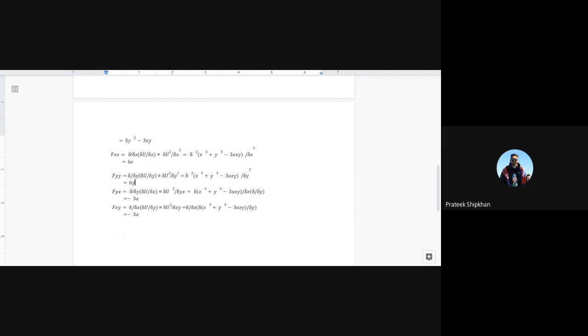Moving forward, we have to find delta square u by delta yx. This means first we have to differentiate u partially with respect to x, which we did earlier, and whatever the answer we get, we differentiate that answer partially with respect to y, treating x as constant.